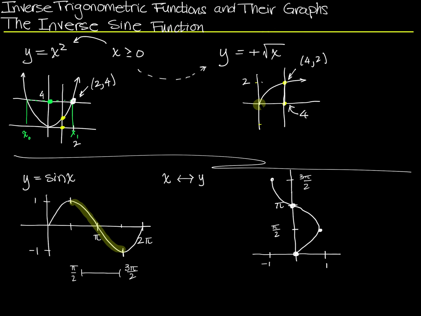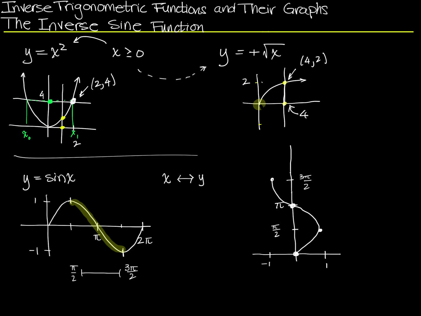Now I've run out of room, so I'm going to erase this dividing line that I put in here earlier. Let's get rid of that for now. I need to make my y-axis longer. There we go. And my last point, or at least the last point on this one cycle of sine, is 2 pi, 0.